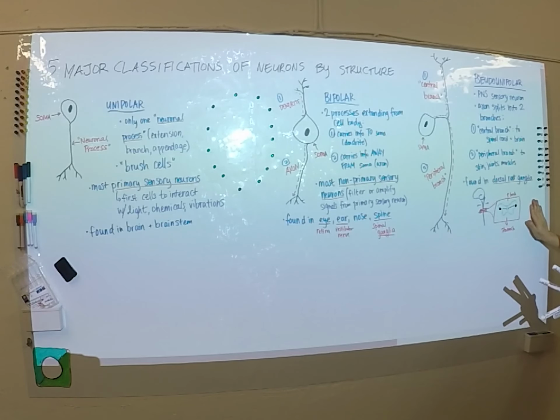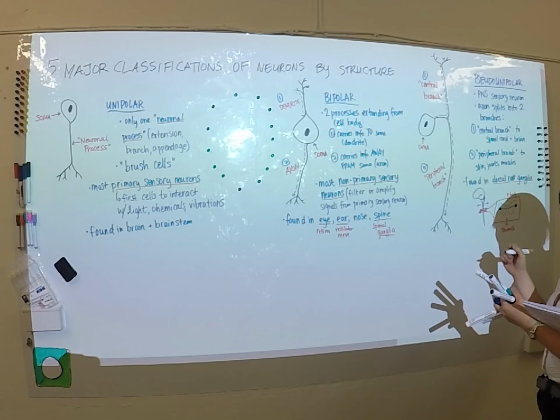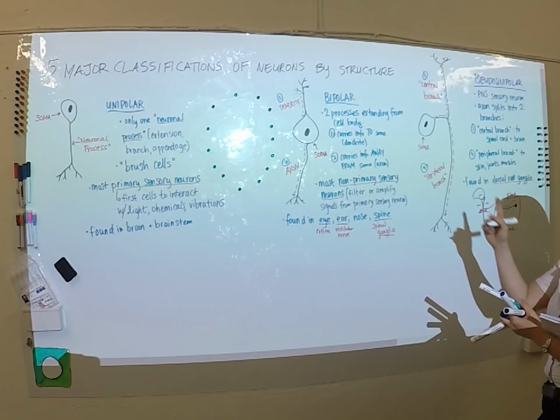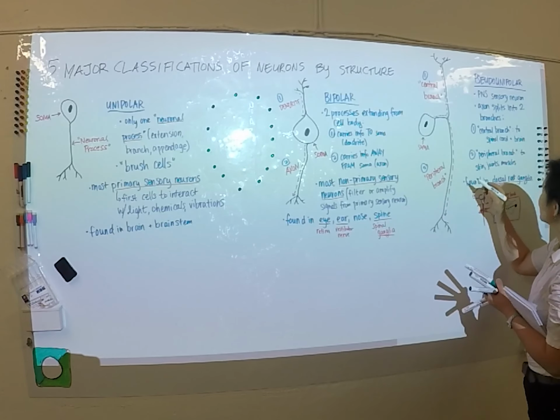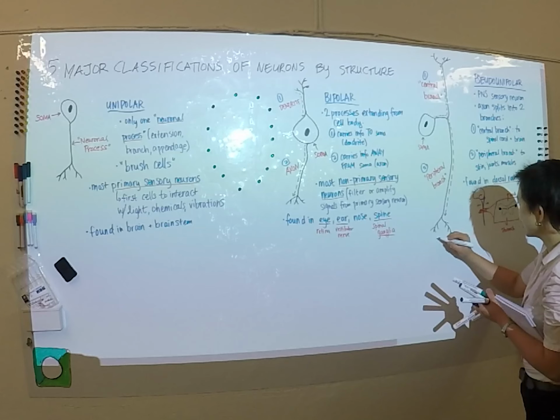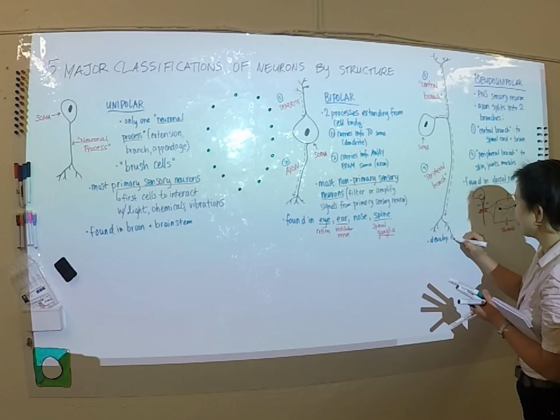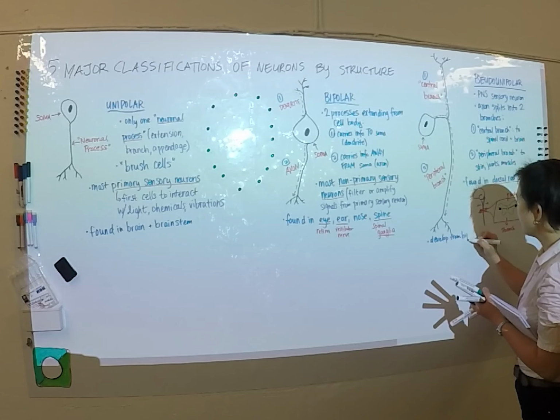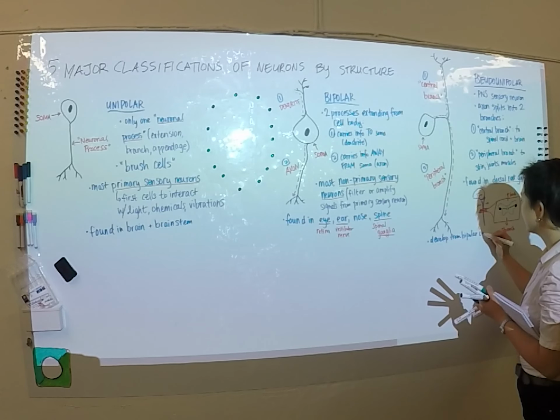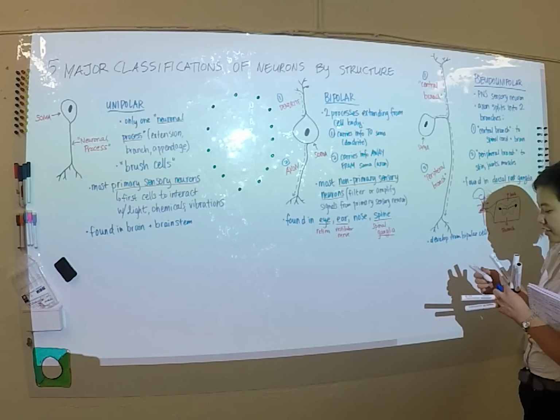All right, so they're found in dorsal root ganglia, and guess what? They actually develop from bipolar cells, okay? So I'll just write it here. They develop from bipolar cells, okay?